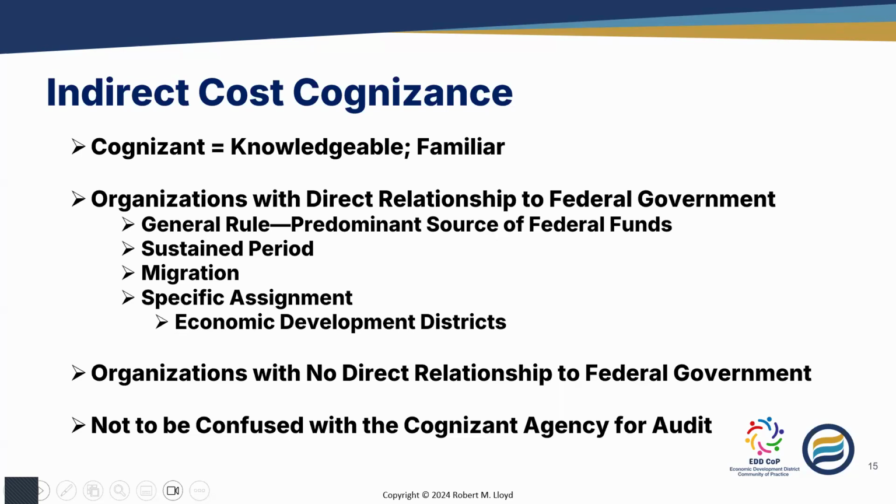Now, I will simply introduce the possibility that you might run into a problem here, because the agency that you've been with is glad to see you go. The agency that you want to migrate to may not want you as an assignee. And I have had situations, including a couple involving RDOs, where the cognizant agency activity was almost a tennis match between the two agencies.